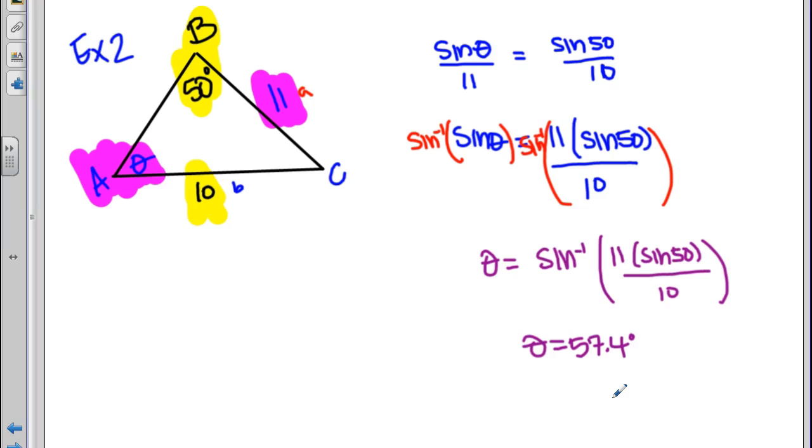All right, let me grab one more. So this is example number 3. Draw this triangle with me.